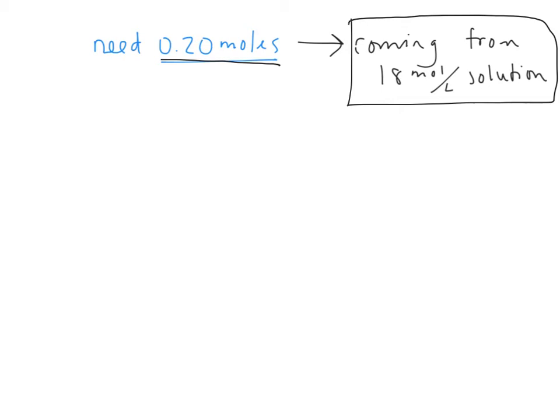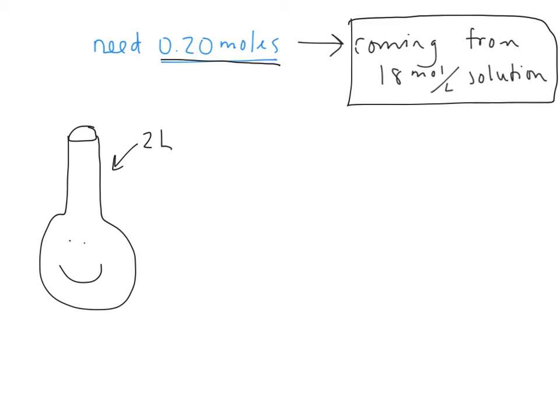So think about again what you are doing. You're going to be grabbing a 2-liter flask because I want a 0.10 mole per liter solution, and I want 2 liters of it. So that is our goal.